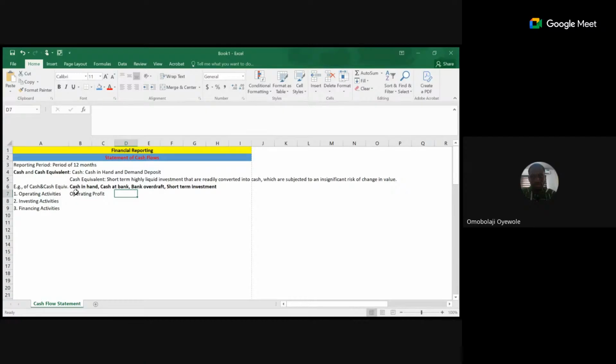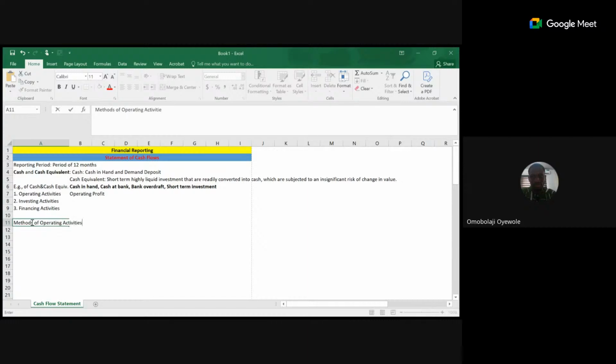So under the operating activity, it can be calculated using 2 methods.